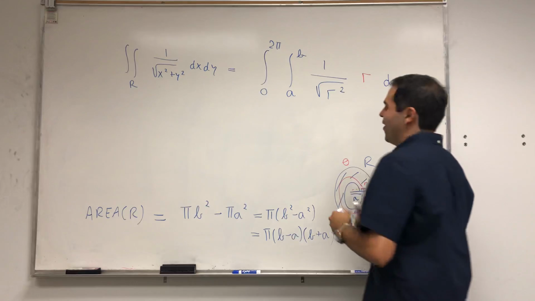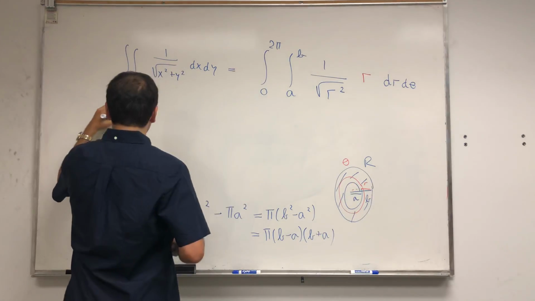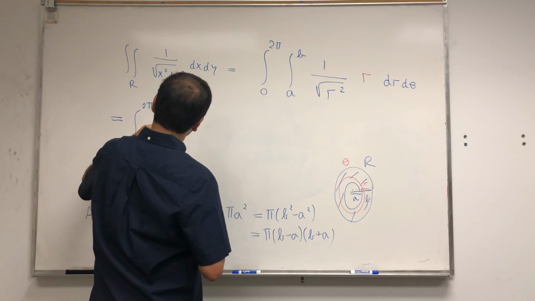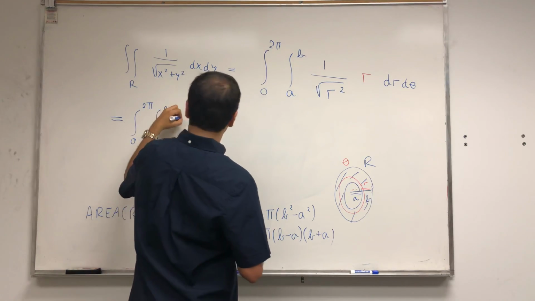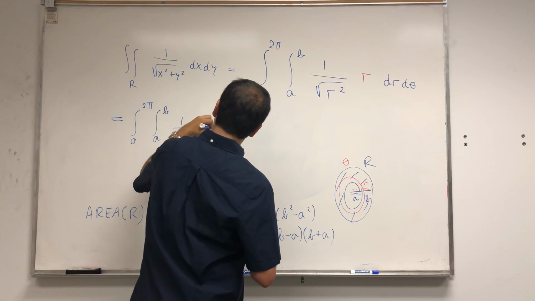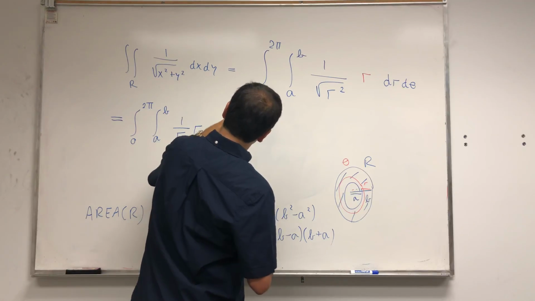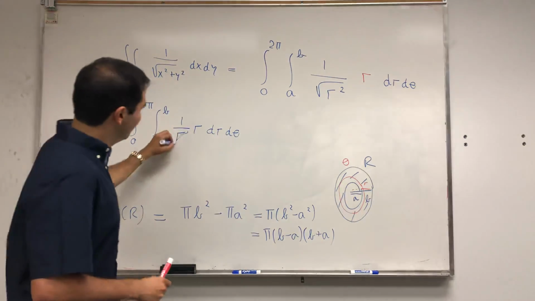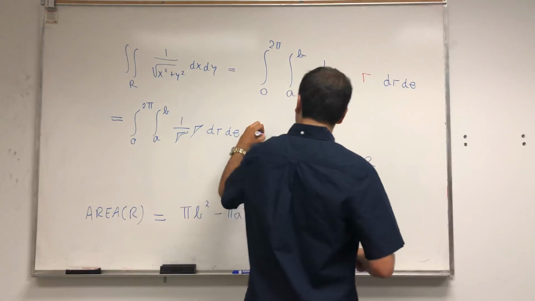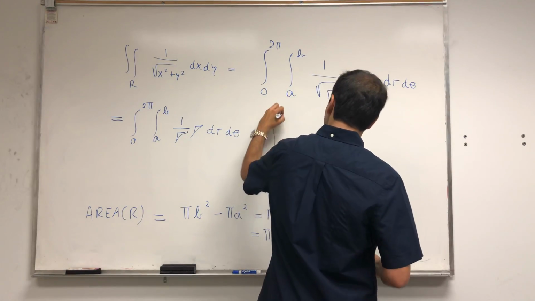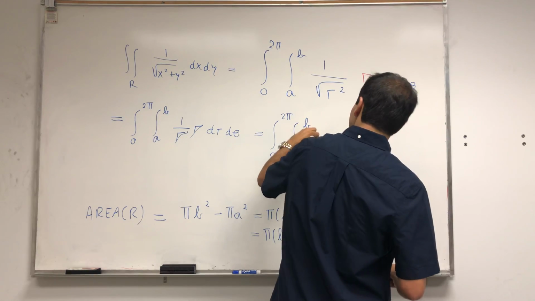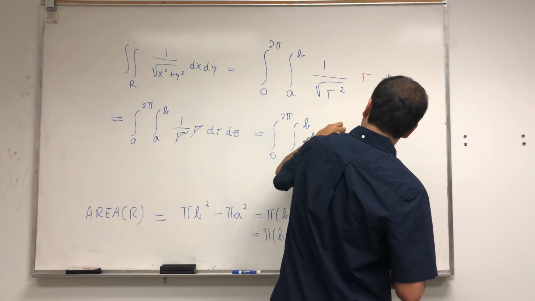And then this becomes the integral from 0 to 2 pi, integral from a to b, of 1 over r times r dr d theta. And this is why I really like this problem: the r's cancel out, and you're just left with the integral from 0 to 2 pi and from a to b of 1 dr d theta.